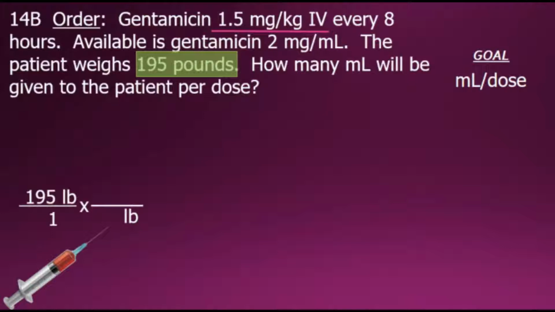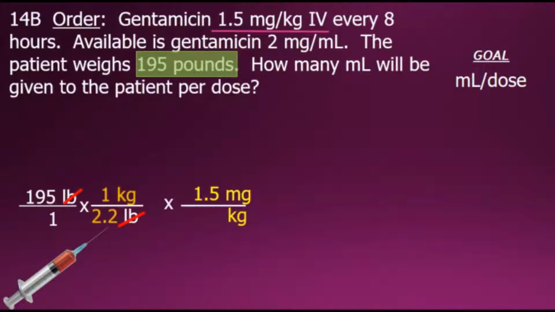Checking for a conversion factor, we find there are 2.2 pounds per 1 kilogram. We will place those equivalent values in a fractional form for a conversion fraction, allowing us to cancel out pounds. We've now successfully converted the patient's weight into kilograms.